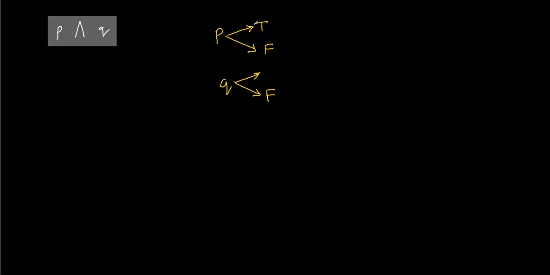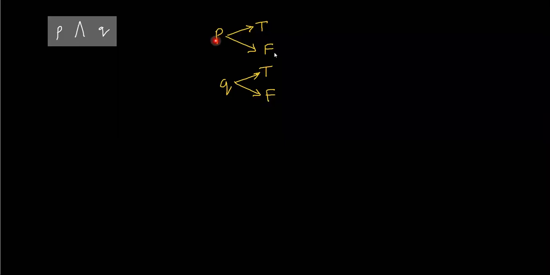What does that mean? It means that I can have P as true and Q as true. So I will have P true, Q true. I can have P true and Q false. I can have P false and Q true.